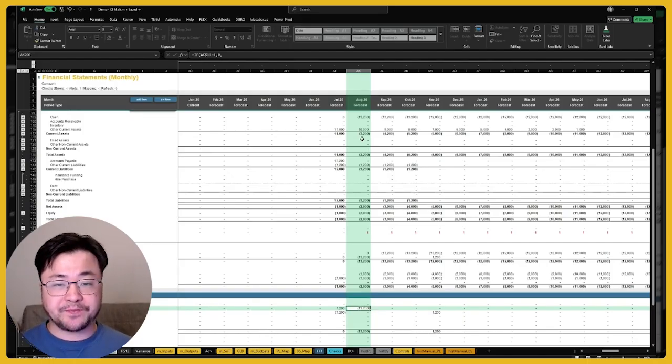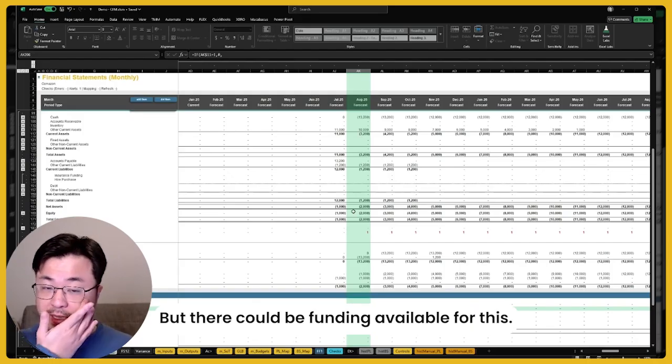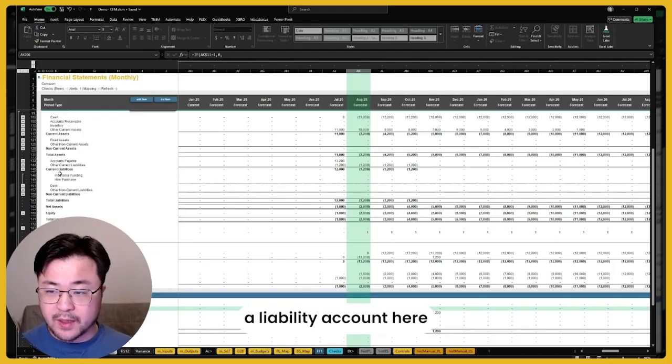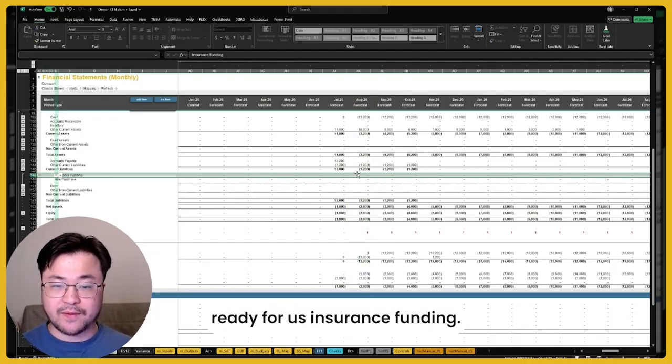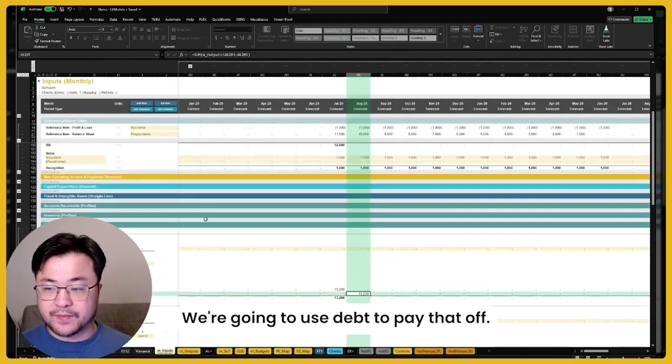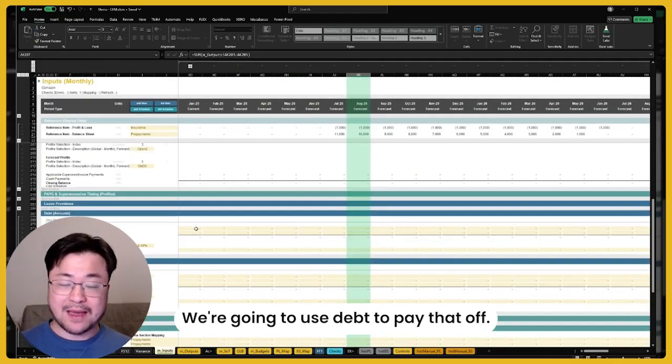So there could be funding available for this. We're going to make that assumption. We've got a liability account here ready for us, insurance funding. We're going to use debt to pay that off.